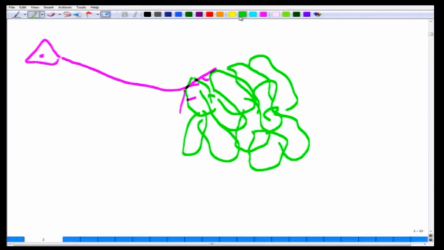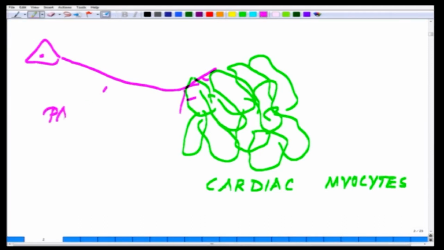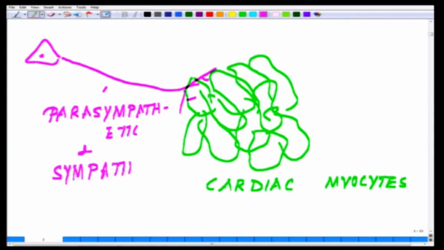If these are the cardiac myocytes, and these are the parasympathetic and sympathetic circuit, this sympathetic parasympathetic circuit actually regulates the cardiac myocyte.